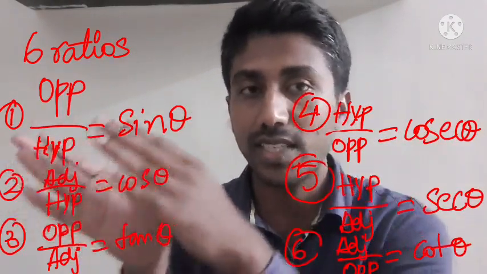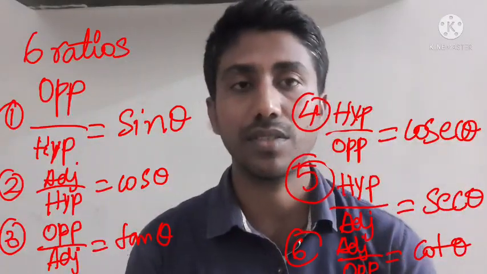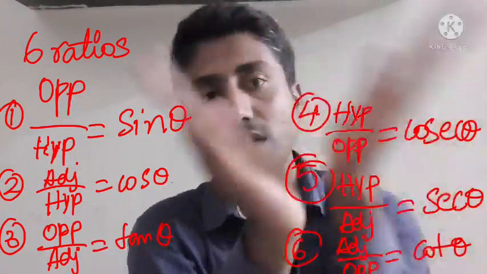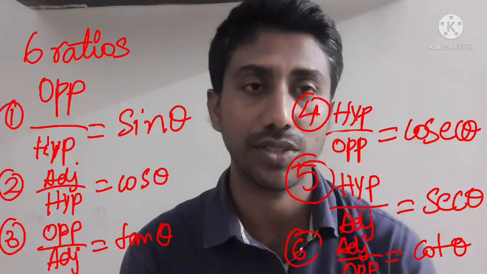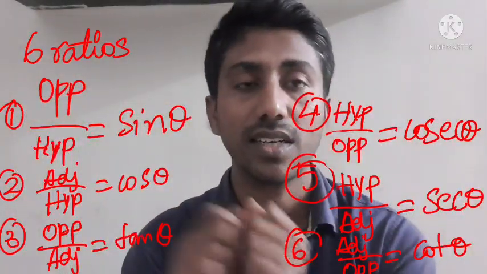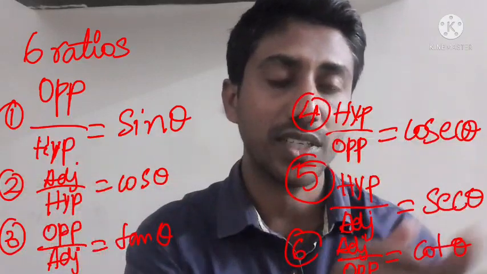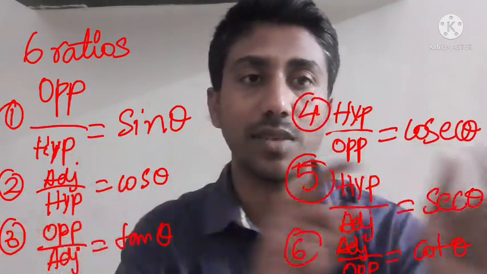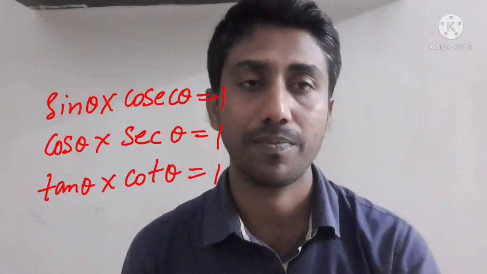The first 3 ratios are reciprocals of the next 3 ratios, and vice versa. So sin is reciprocal to cosecant, cos is reciprocal to secant, tan is reciprocal to cot. The product of 2 reciprocals is 1.